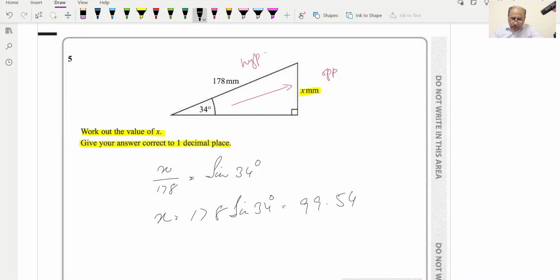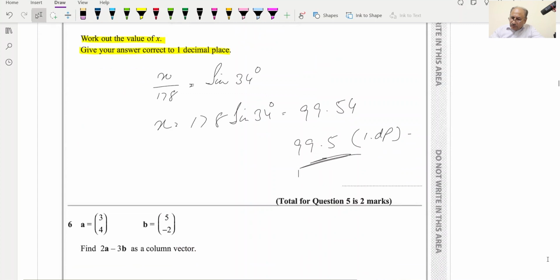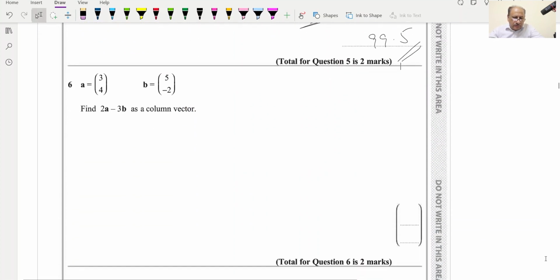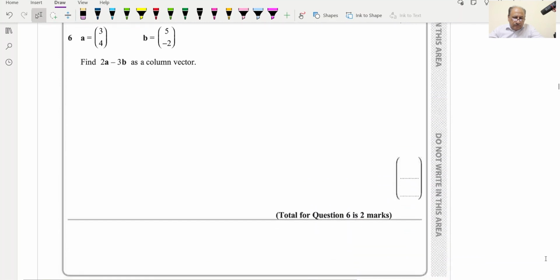Up to one decimal place it will be 99.5 to 1 dp. 99.5 will be the final answer. This was a 2-mark question.